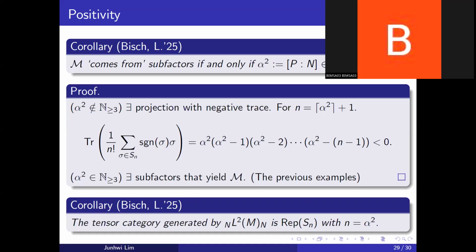So can you re-explain quickly the model, the initial motivation you said? So there is this family, Fuss-Catalan by Bisch and Jones, and you started from a model. You said it's a cocommuting square. If you have a subfactor with two intermediate, you don't always have such a cocommuting square.